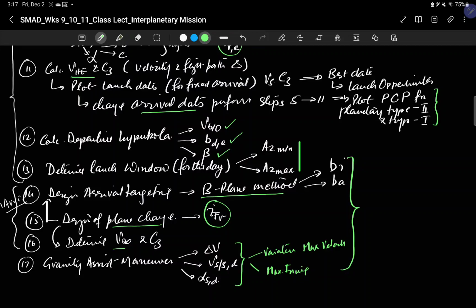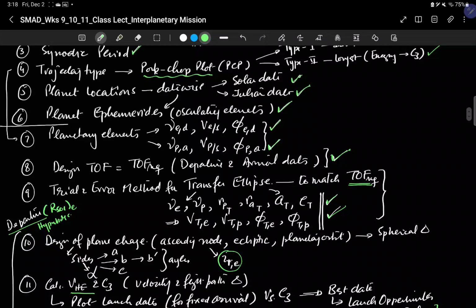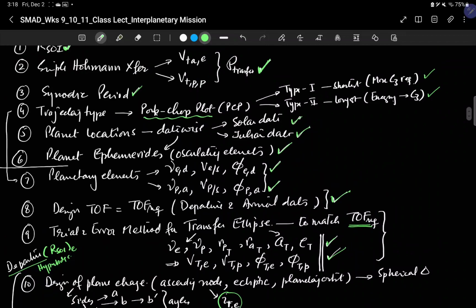Basically step number 14 to 17 and onwards is all inside the RSOI of Venus, whereas the departure steps were all inside the RSOI of Earth. And prior to that, all the calculations were done outside the RSOI of both planets, but within the gravitational field of the Sun in the solar system.